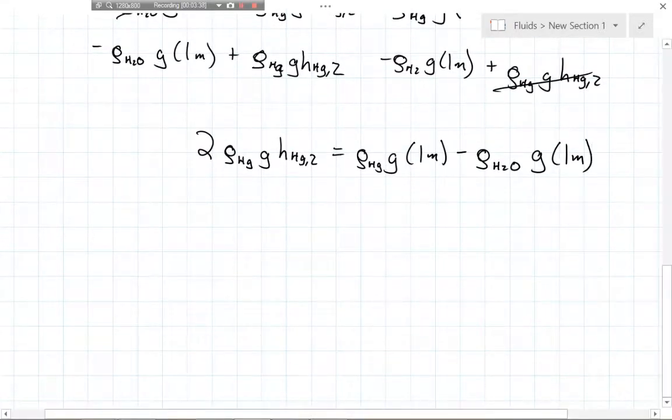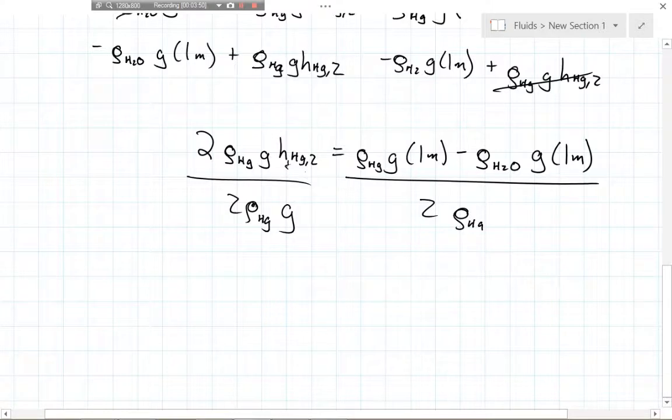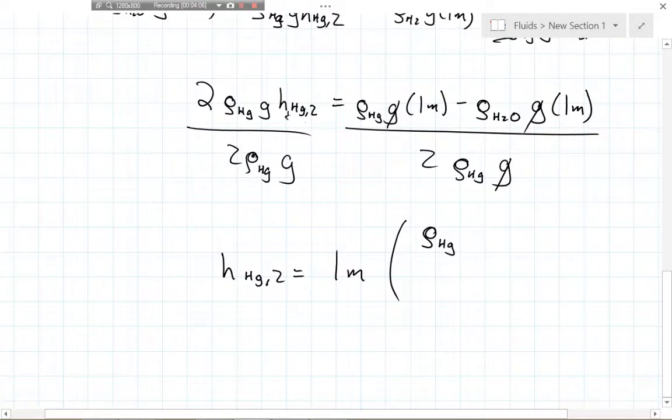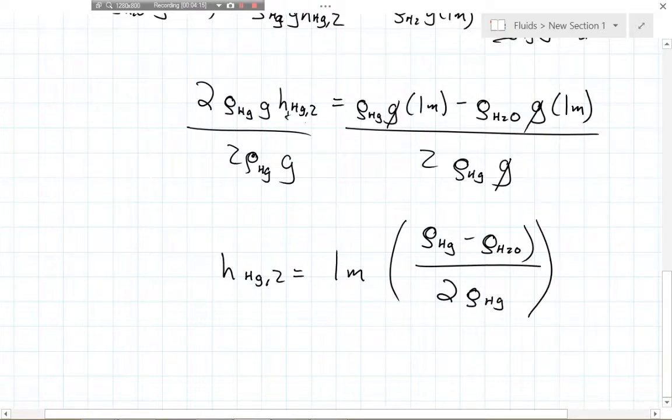Finally, to solve for the height of the mercury, I'm going to divide both sides by 2 times the density of mercury times G. So the G's will cancel everywhere. We have 1 meter out here, so I can factor this out. The height of the mercury in container 2 is equal to 1 meter times the density of mercury minus the density of water, divided by 2 times the density of mercury. So this is the final height of the mercury that's in container 2.